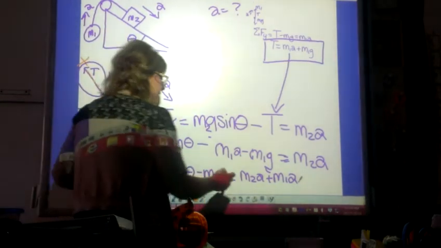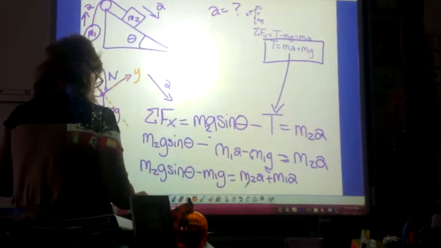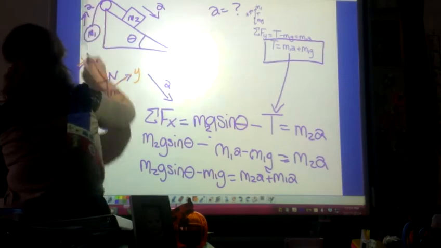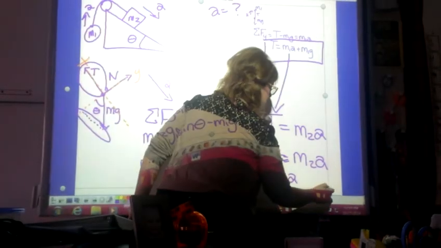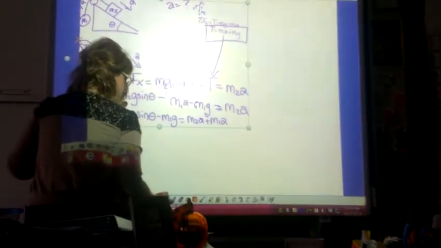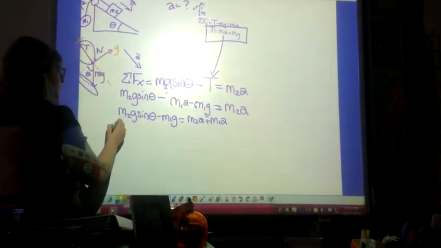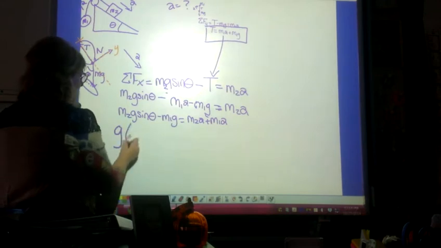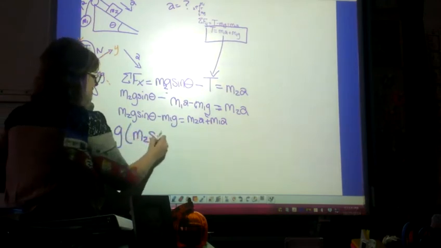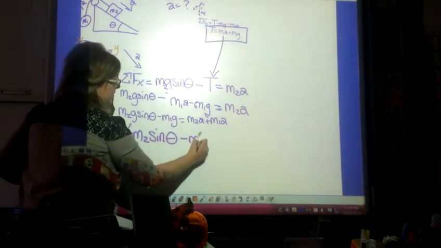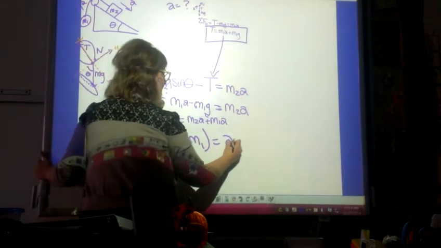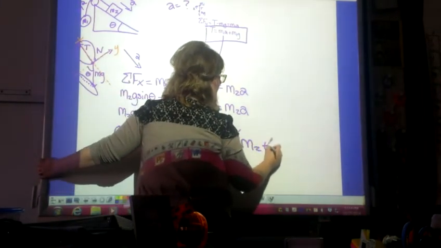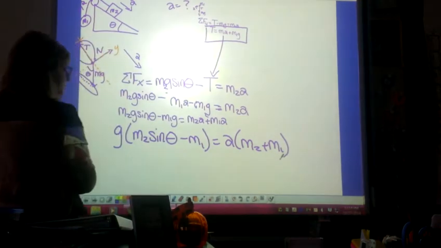Okay, now, just like we did on the last one, let me shrink all of this, guys. We can take out the g. So then this becomes g times (m2 sine theta minus m1) equals a times (m2 plus m1).